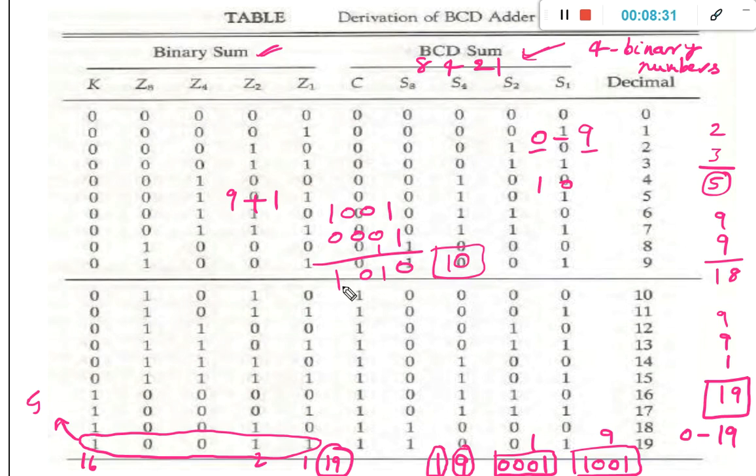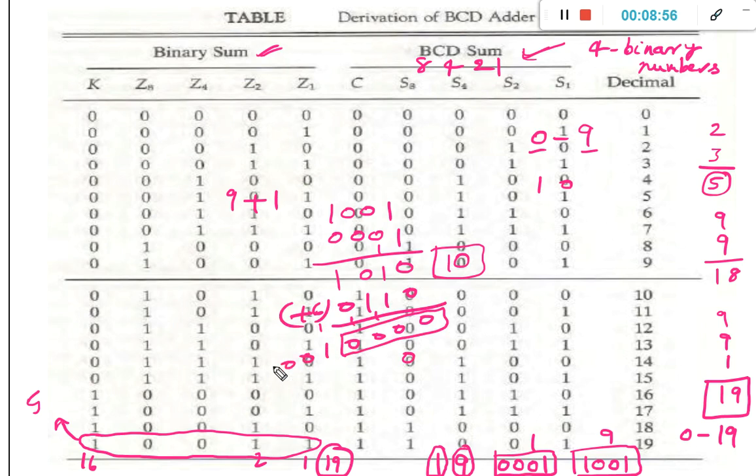However, how to convert this value into BCD representation? So just add plus 6. Add plus 6, 0 1 1 0. Now consider these 4 bits. It will be 0.